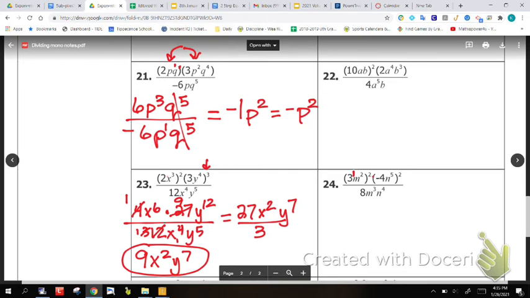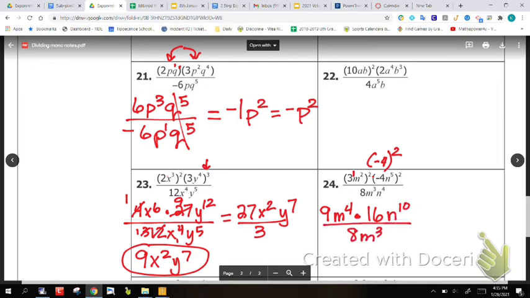So this is going to be 3 to the 2nd, which is 9, m to the 4th, times, now be careful here, this negative 4 is going to be to the 2nd power, because negative 4 is to the 1st power, and when you multiply it by the 2 on the outside, that's going to be negative 4 to the 2nd, and negative 4 times a negative 4 is a positive 16. N to the 5th to the 2nd is going to be n to the 10th.